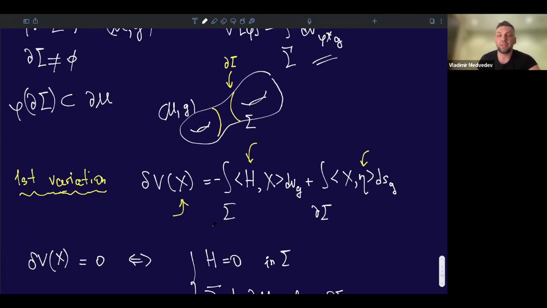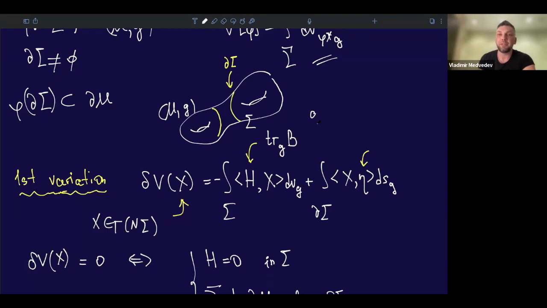It has two terms, the integral over Sigma and the boundary term. Here, X is the normal vector field on Sigma, as a section of the normal bundle. So I'm going to identify Sigma with phi of Sigma, its image, and here H is the mean curvature vector, which is nothing but the metric trace of the second fundamental form.